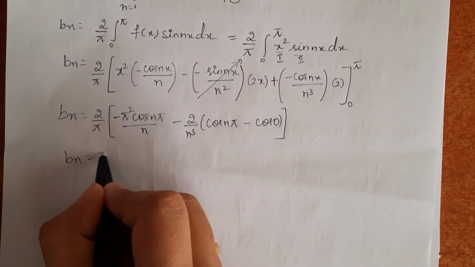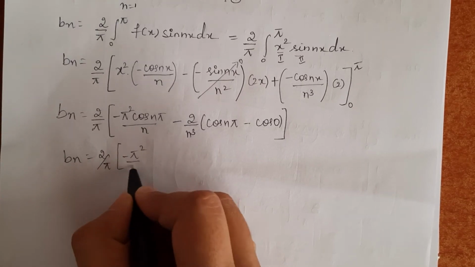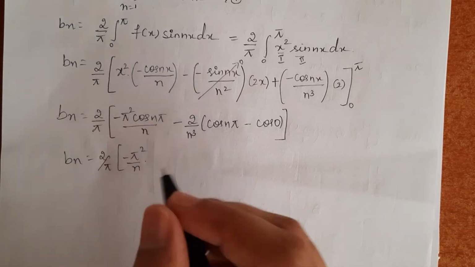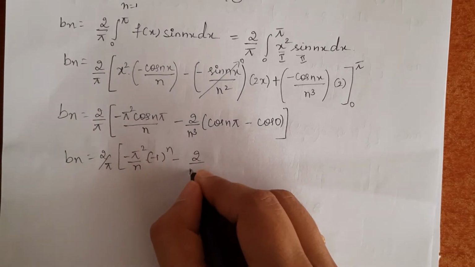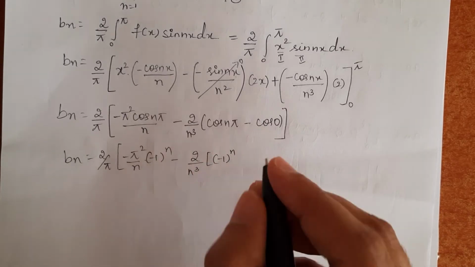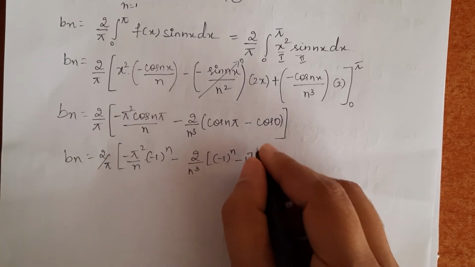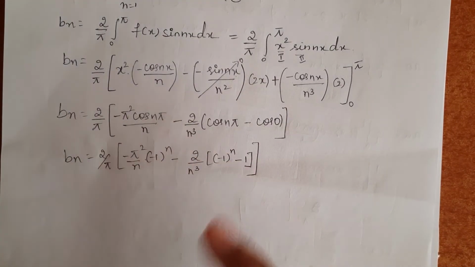Bn is 2 by pi into minus pi square by n into, we know that cos n pi value is minus 1 to the power n, minus 2 by n cube into, again cos n pi value is minus 1 power n, minus cos 0 is 1. Let us multiply this 2 by pi to these two terms.